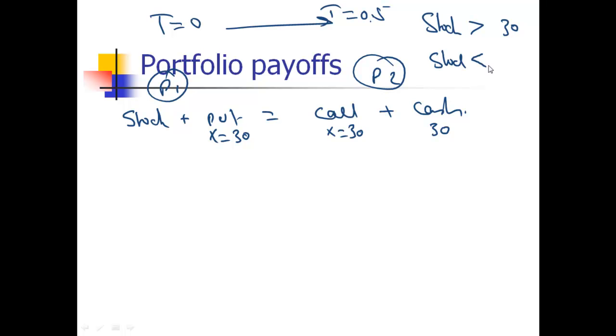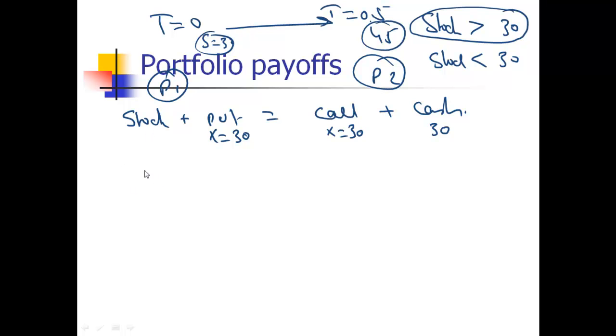The stock price is going to be less than 30. So for both these portfolios, let's see what happens if the stock price ends up being greater than 30. And just to pick a number, let's say that the stock price ends up at 45. Initially, let's say the stock price was equal to 30, and over here the stock price has gone up to 45. What's the value of portfolio 1 at maturity?